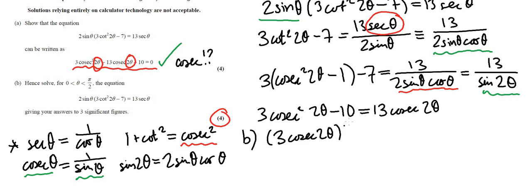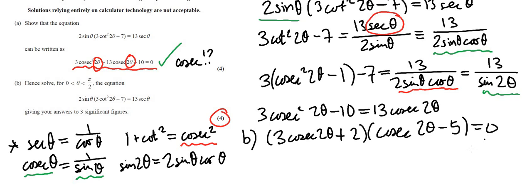So I get 3 cosec, ooh, what's that? 3 cosec 2 theta. I've got to remember to add my coefficient. Okay, plus 2, and I get cosec 2 theta minus 5 equals 0. Right.